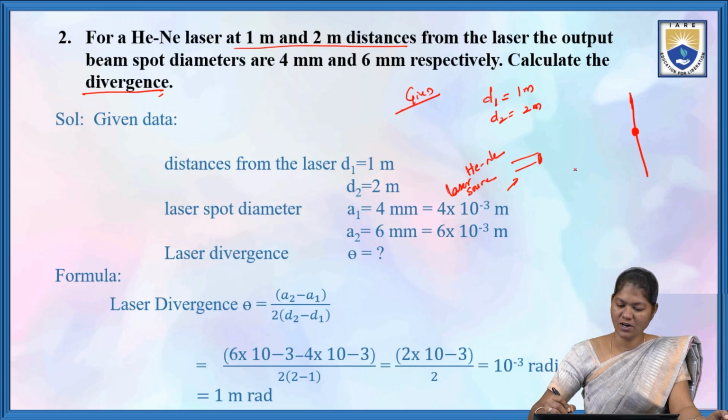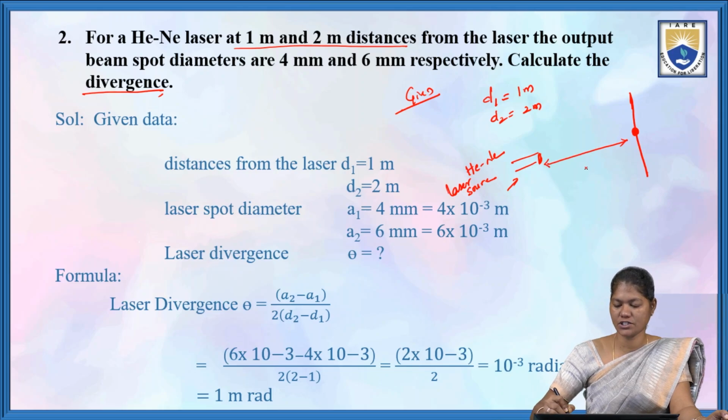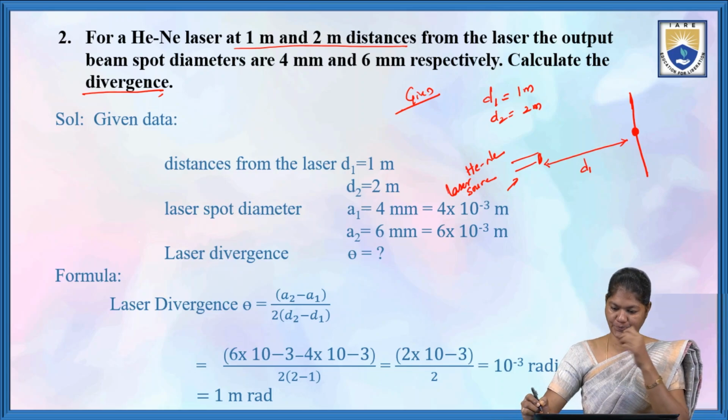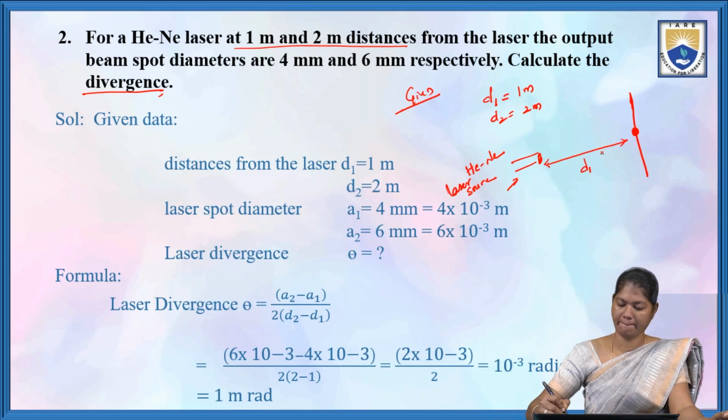At 1 meter distance, the distance is calculated from source to the spot, D1.